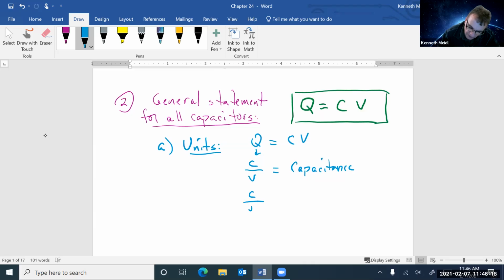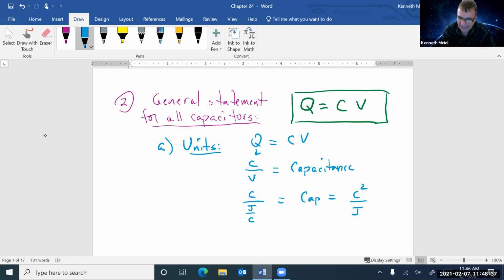Now a volt is a joule per coulomb, and this equals capacitance. So when I take a look at this, capacitance equals coulombs squared divided by joules.